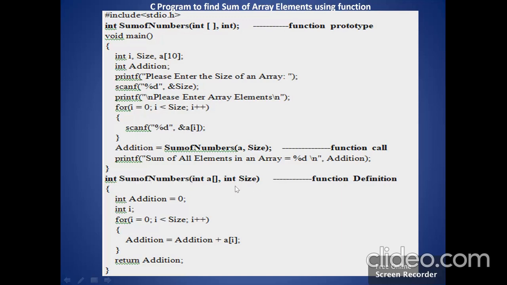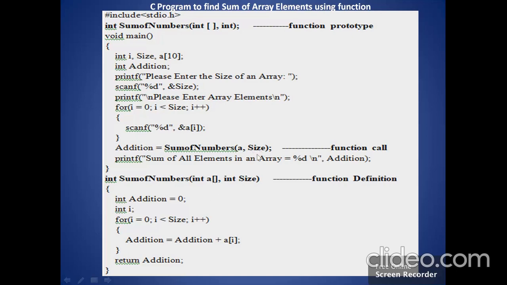After that, inside the bracket, we have two formal parameters. The first formal parameter is int A with an empty square bracket. This first formal parameter will receive the base address of this A. The base address of this A is received by this array A.